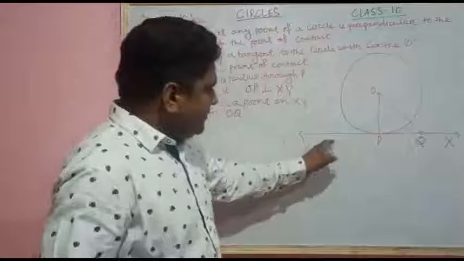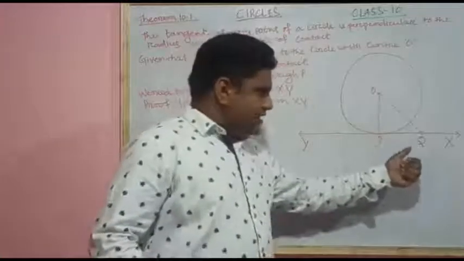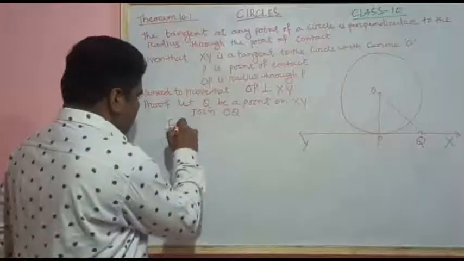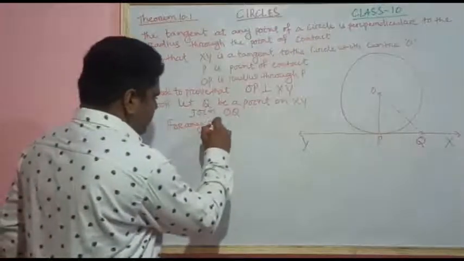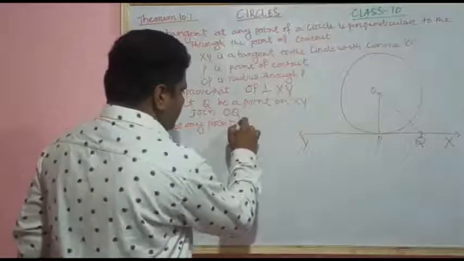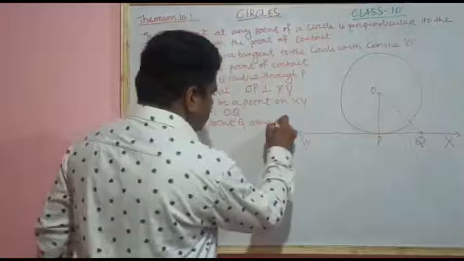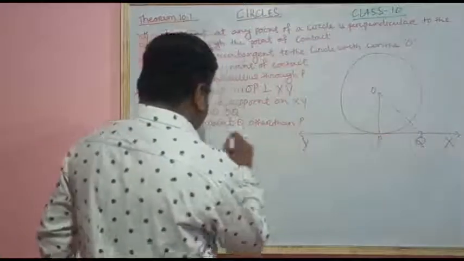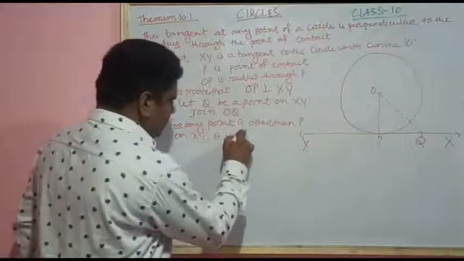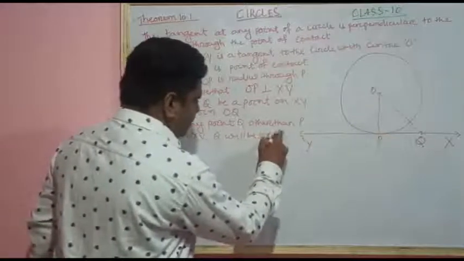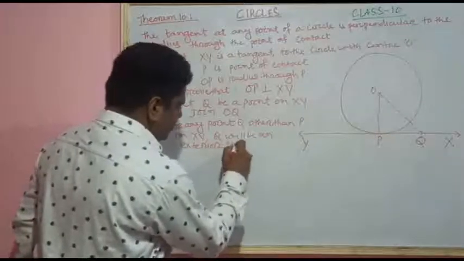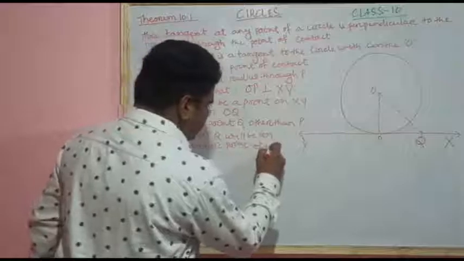For any point Q other than P on XY, Q will be an exterior point of the circle.